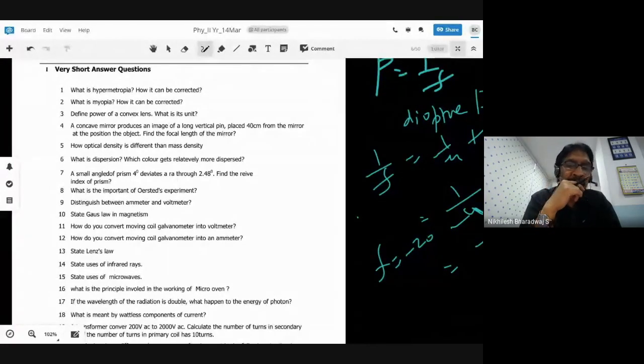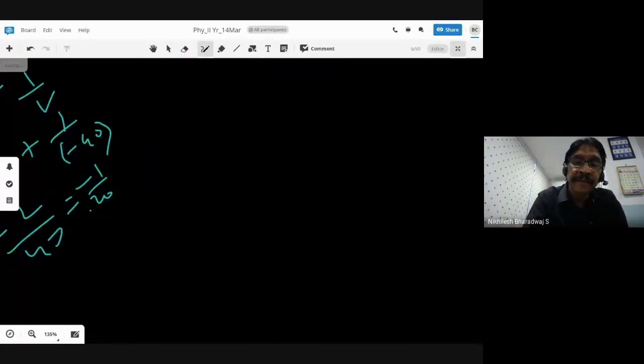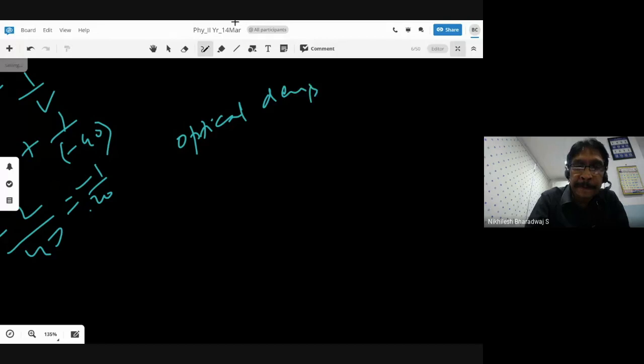Please note down. Optical density is equal to VR by VI.